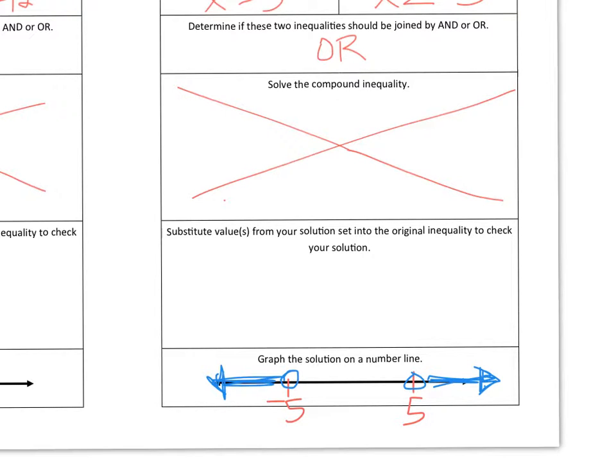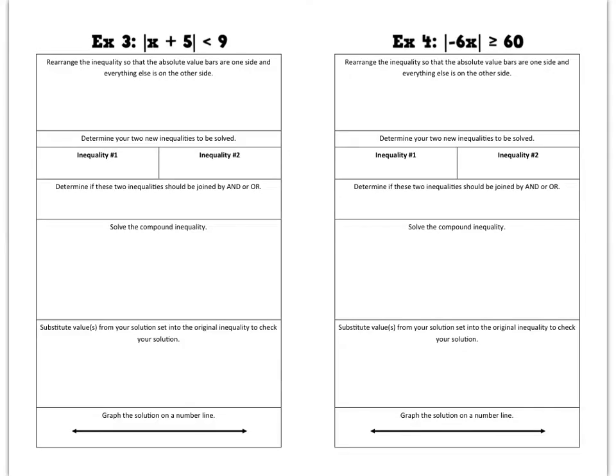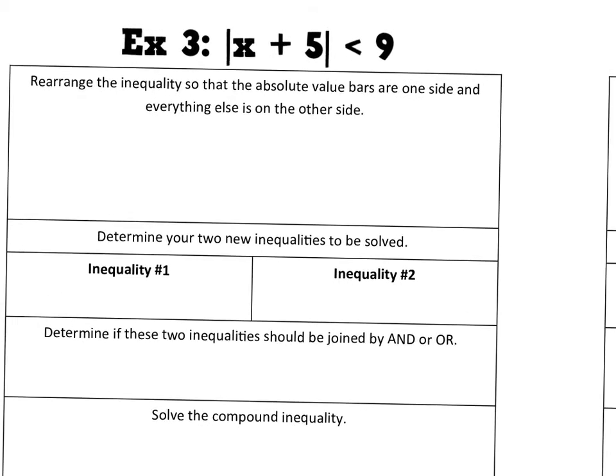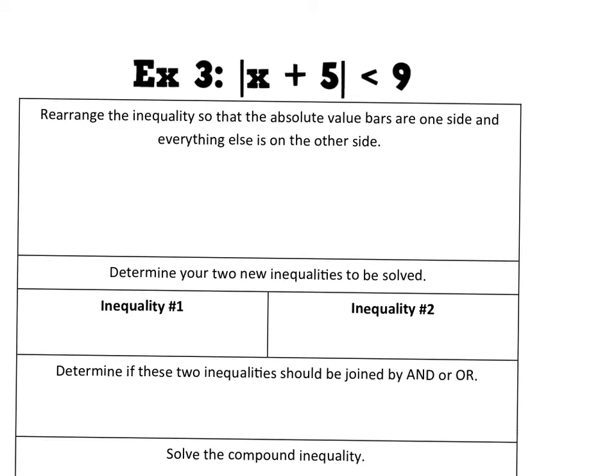Let's look at some where I need to be solving for the absolute value first. All right, so in example 3, I'm going to look for my absolute value. It's already by itself. So inequality 1 is going to be x plus 5 less than 9.